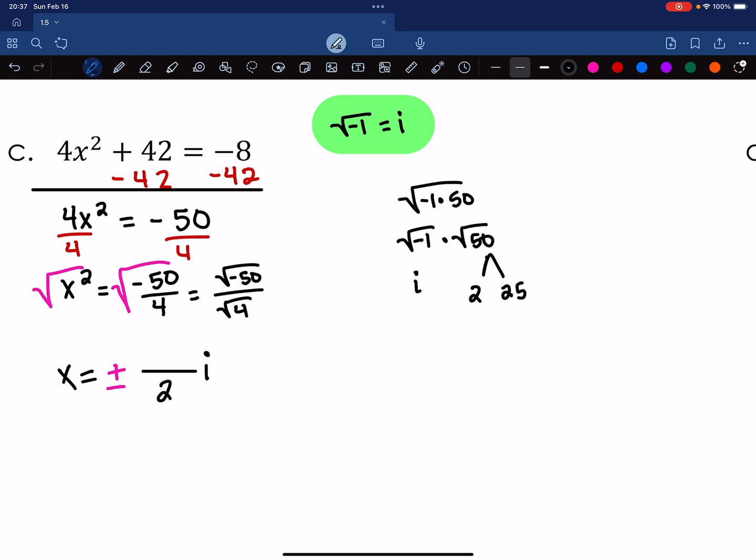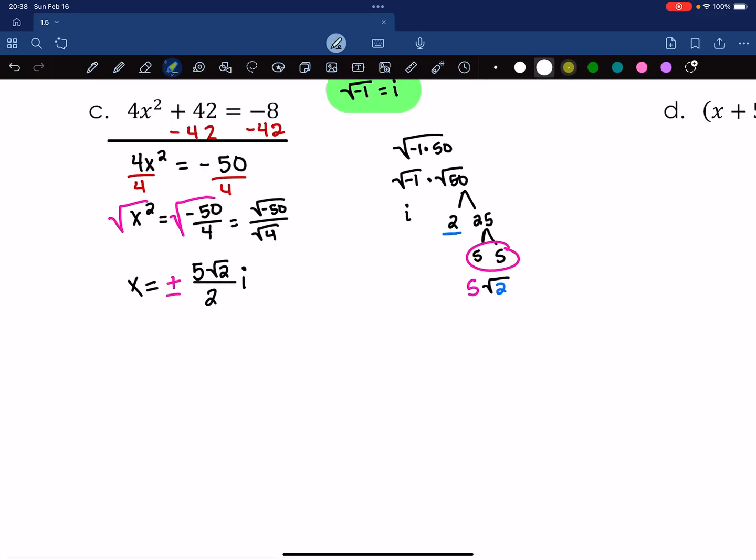And then 2 doesn't go into 25, 3 doesn't go into 25, but 5 does. That would be 5 times 5. So we have a pair of 5s that get to leave, and the 2 does not have a pair, so it's going to stay on the inside. And so it breaks down into 5 rad 2. So we have 5 rad 2 divided by 2i.